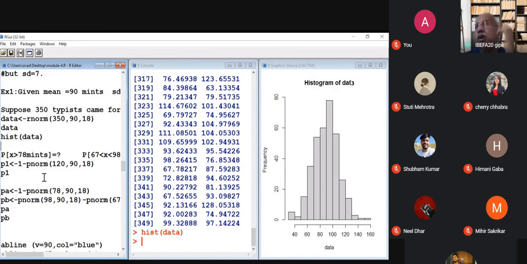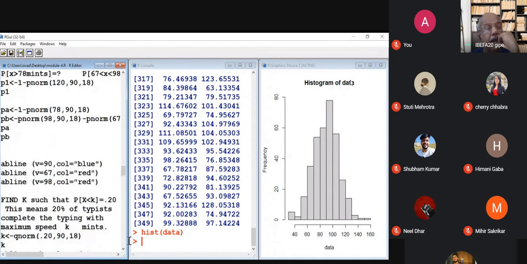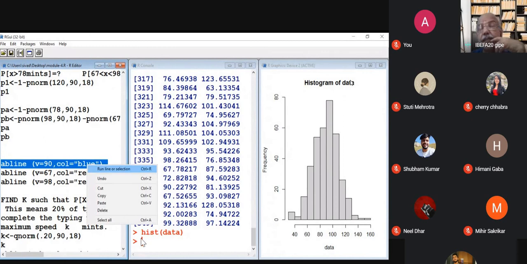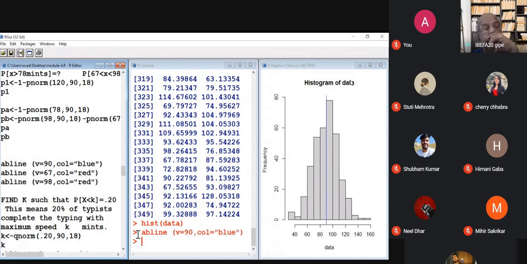How many came, we don't know. But I am telling you, a large number means say 350, 400, 200. This is the experiment on the typists. On this, find the probabilities. The mean is at the center.